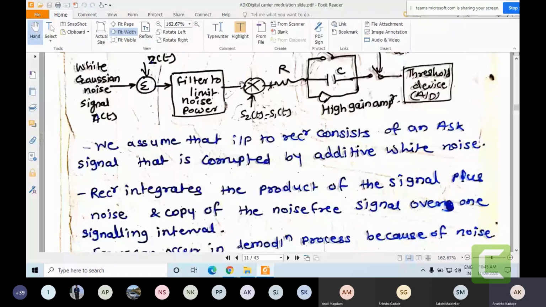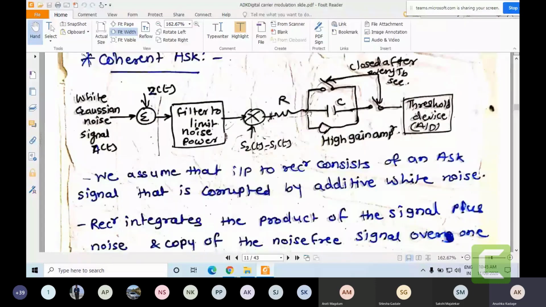And that component will now be applied to this integrator, which is an RC network. Now this A square cos square omega c t or 0 output, which is integrated across this capacitor, will be given from this output only if the switches are closed.